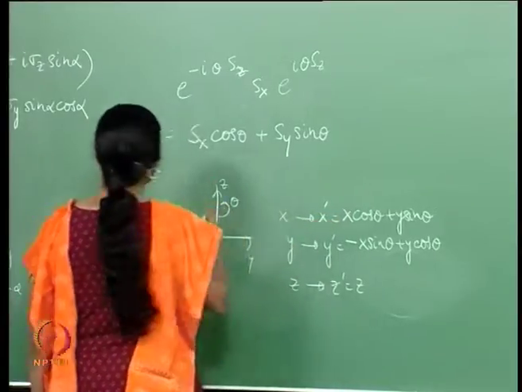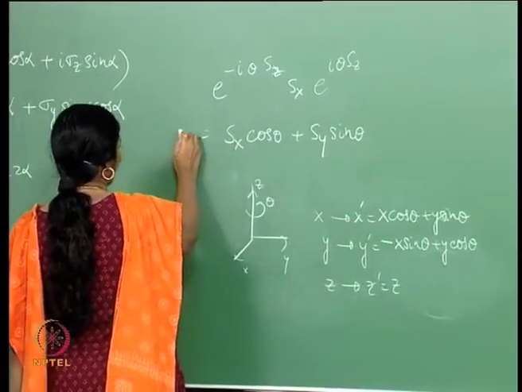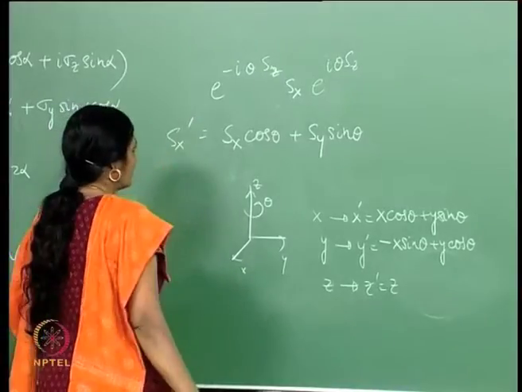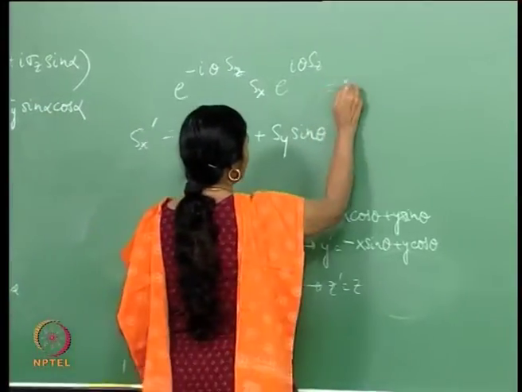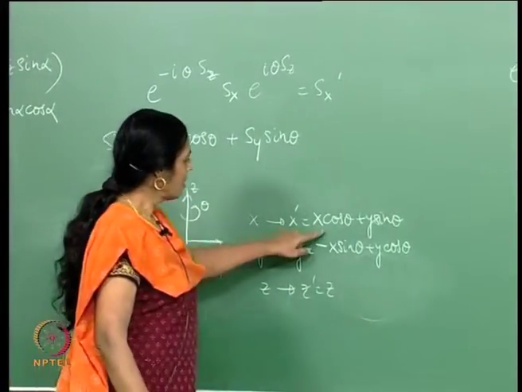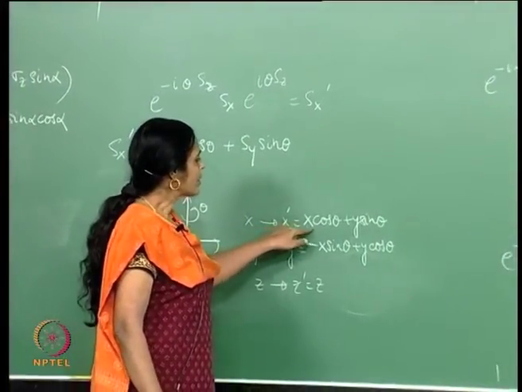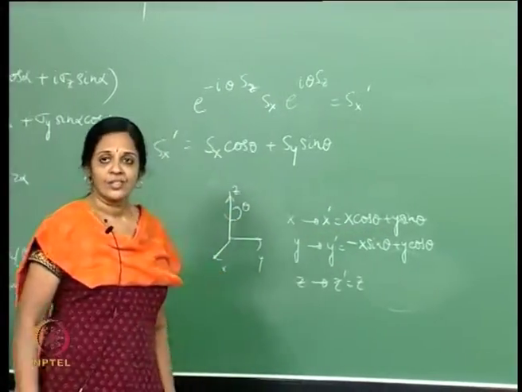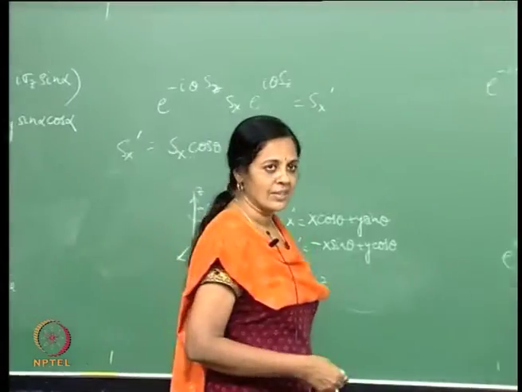The manner in which Sx has transformed under this transformation is simply reminiscent of the manner in which x transforms under rotations by an angle theta about the z axis.